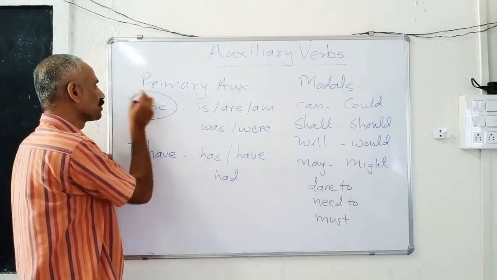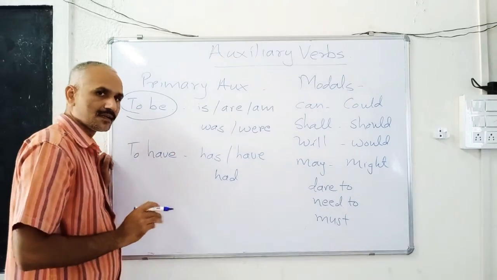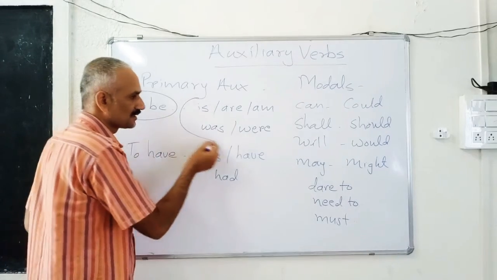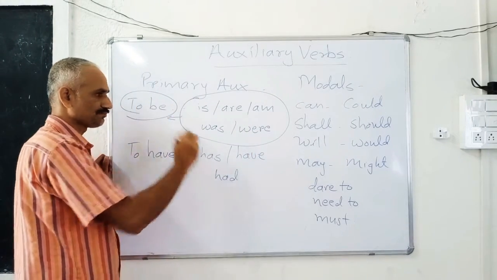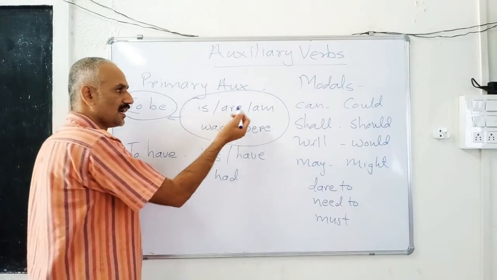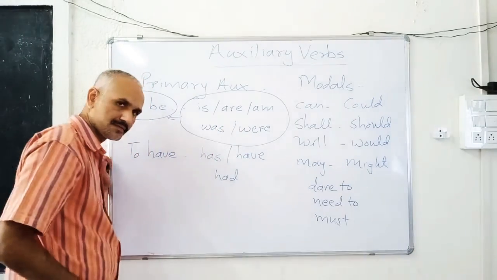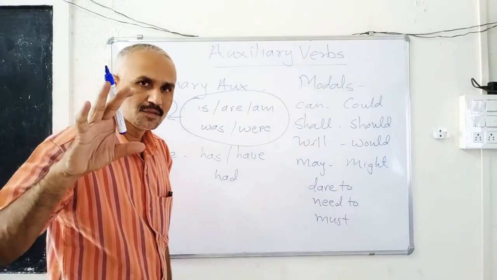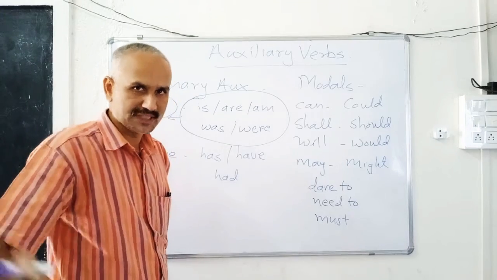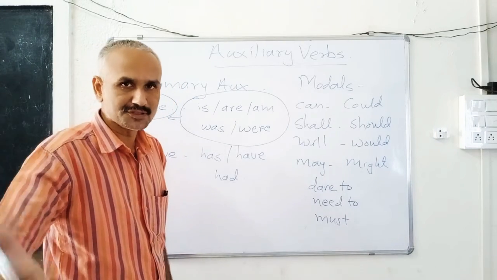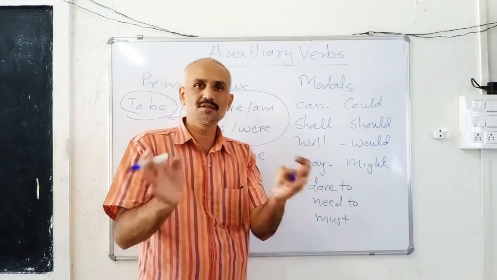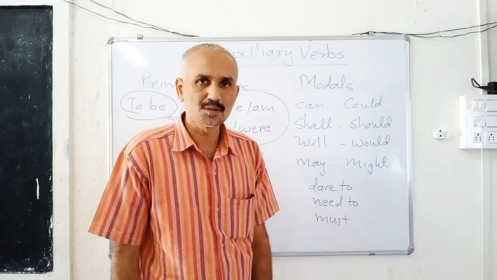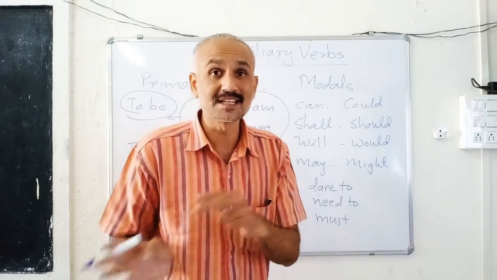Now, what are the forms of to be? Now, to be is not the verb; all these are the forms of to be: is, are, was and were. Generally, if it is present progressive tense or present continuous tense, there are so many students who are always confused when I am talking about whether present progressive or present continuous.